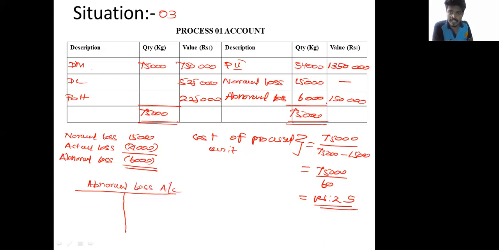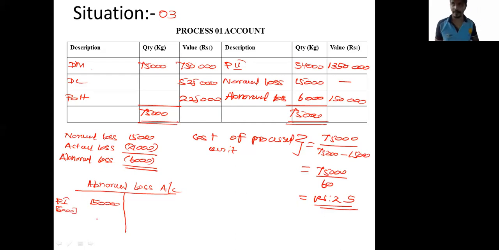Process 1 account has been debited 150,000. Then the abnormal loss account is credited as process 1 account, 150,000. Here, 6,000 kilograms, 150,000.